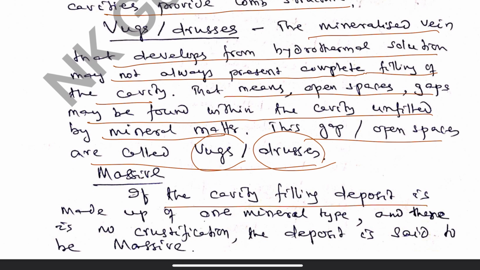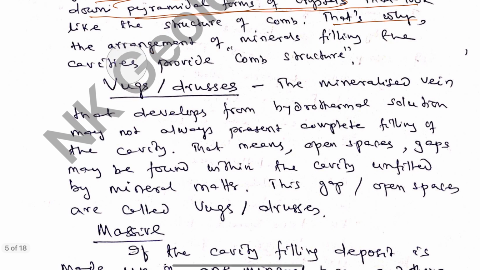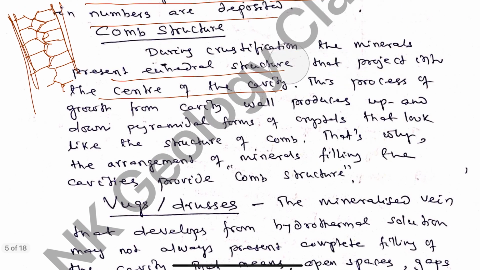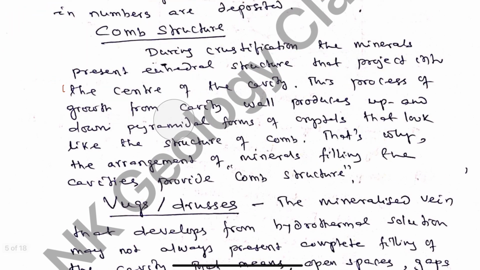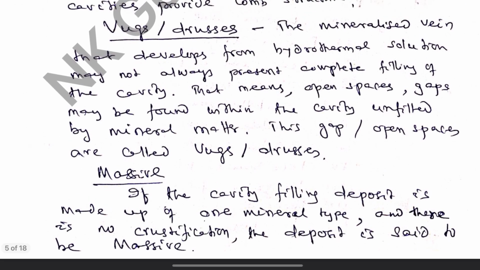If the cavity filling deposit is made up of one mineral, then it is not called a crustified vein. So crustification is absent and the deposit is said to be massive. Cavities filled up by one mineral give rise to a structure which is described as massive.